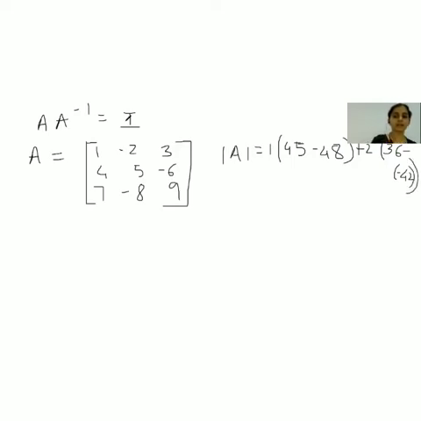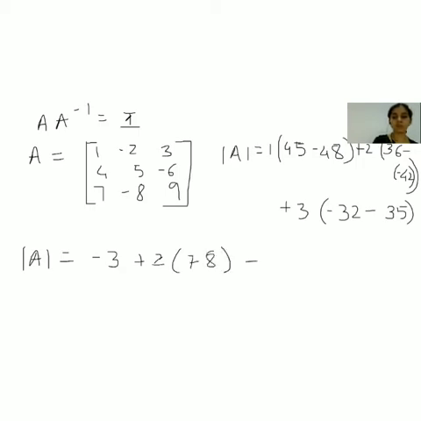And minus 3 plus 3 multiplied by 32 minus... So we have the determinant of A is equal to 1 times (45 minus 48), plus 2 multiplied by bracket (36 plus 42), that is 78, minus 3 multiplied by, because I'm taking the minus sign outside, 30 minus 65 minus 66.